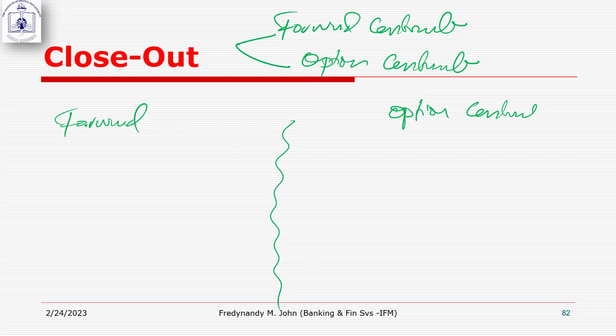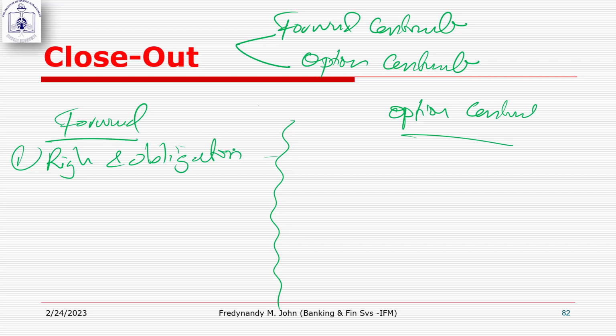Now, please pay attention to this. The forward contract gives the holder right and obligation. Right and obligation to do what?